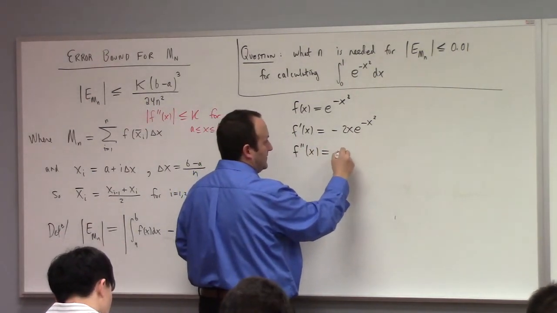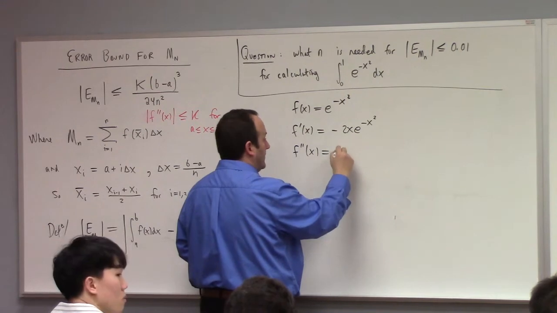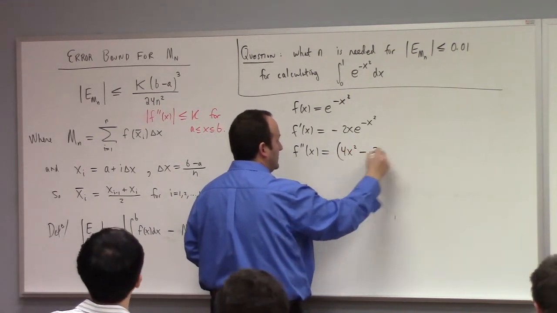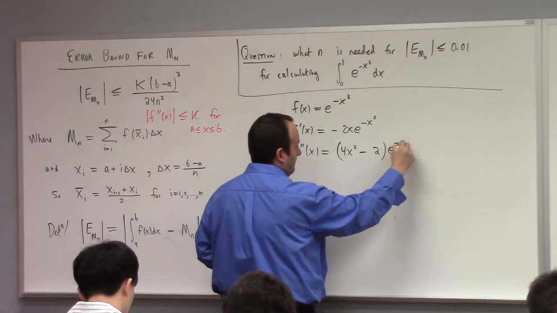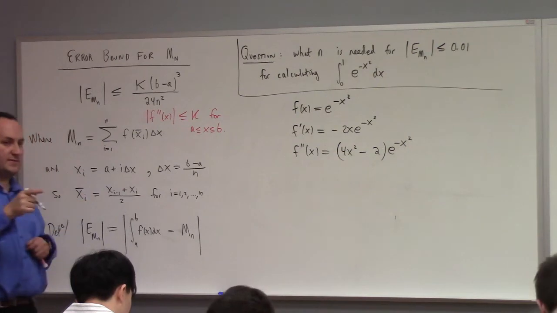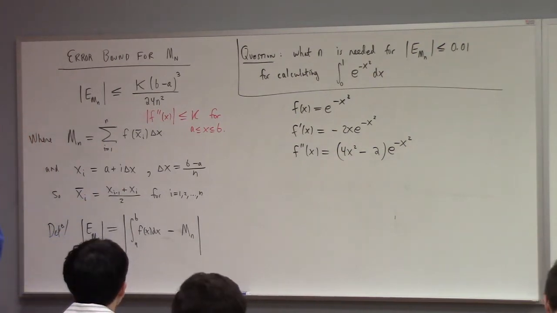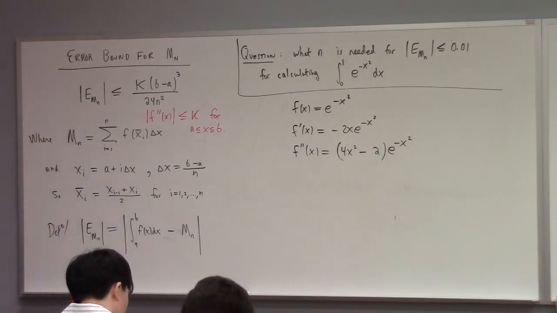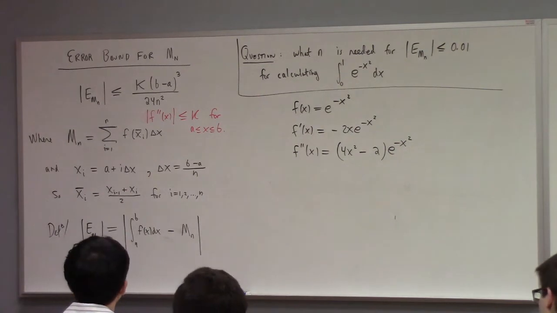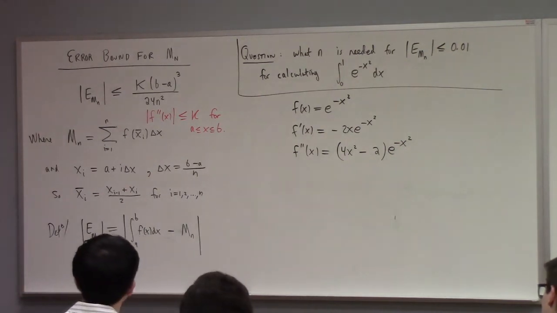What's that? 4x squared minus 2 times e to the minus x squared, yeah? So what you said was one of the terms, but it's a product rule, right? So I also have to do a product rule. And the product rule brings out that minus 2, as well as the initial 4x squared, which comes from minus 2x quantity squared. So this is by the product rule.